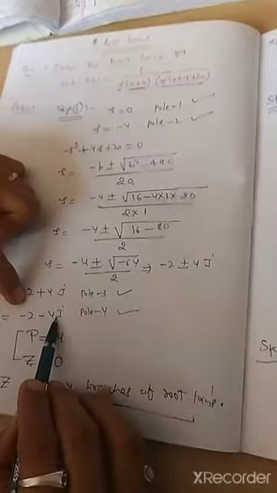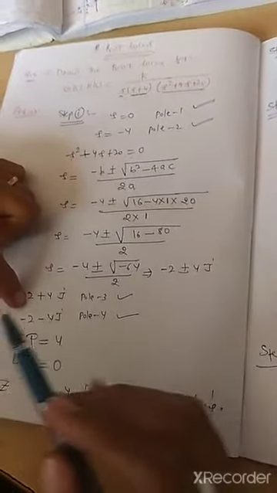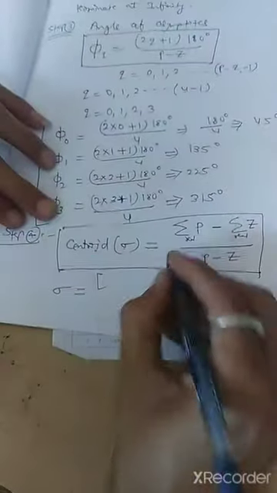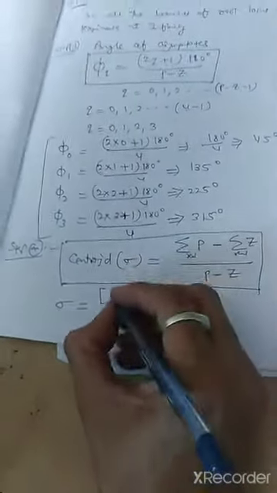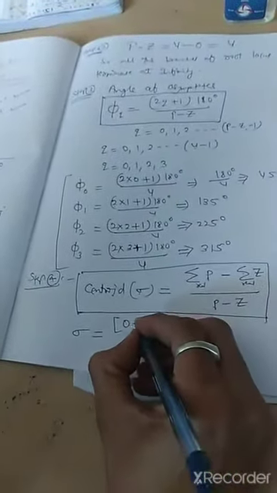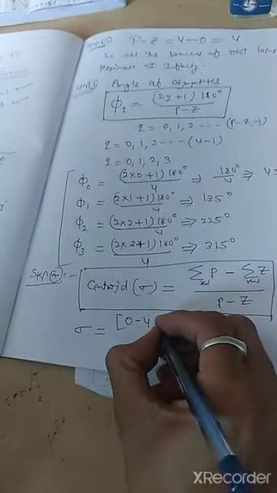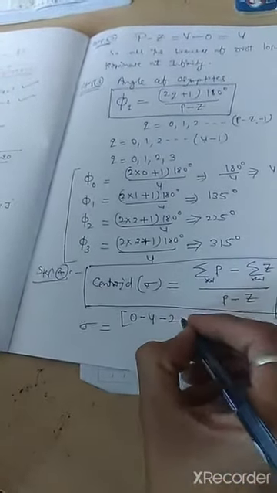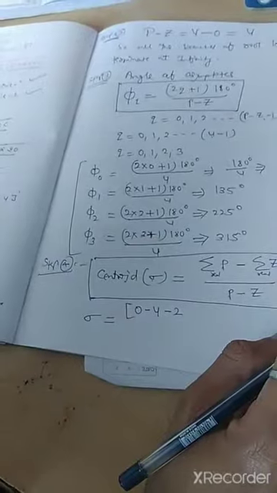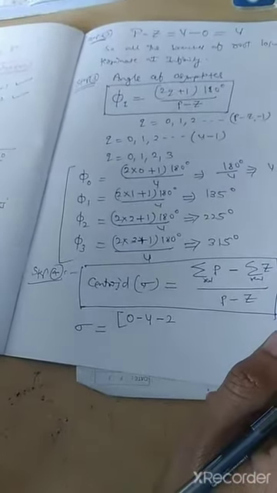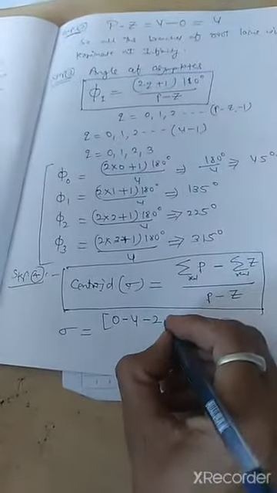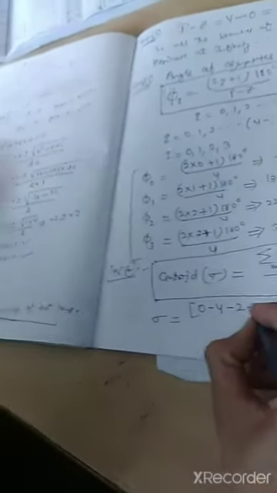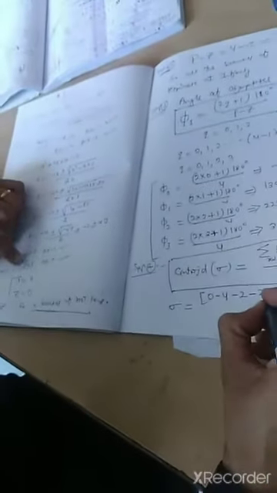The 4j, with j or iota, denotes the imaginary part. So the centroid for this question is the sum of all the poles: 0, minus 4, minus 2, and minus 2. We do not write plus 4j or minus 4j because they are the imaginary parts.